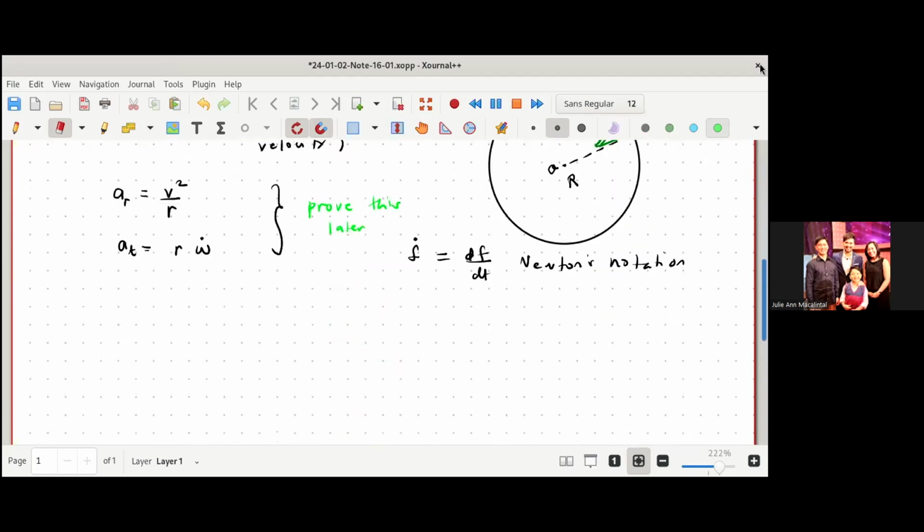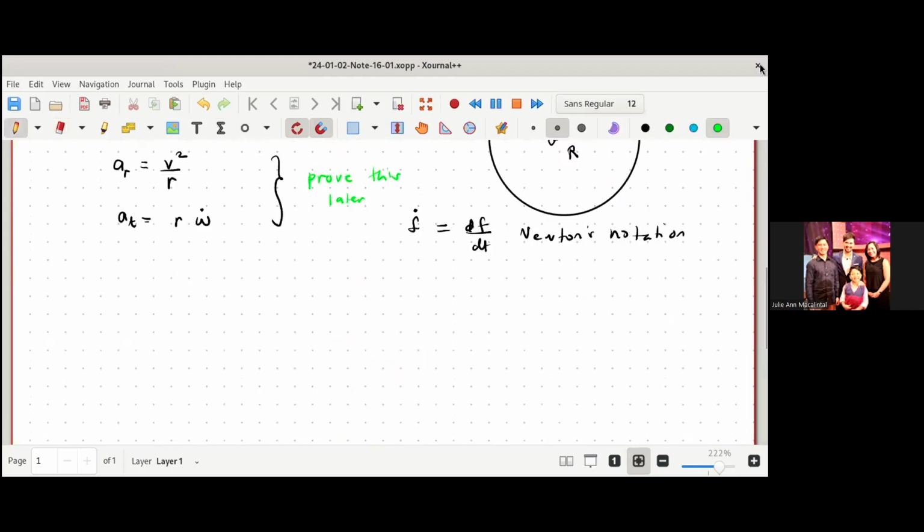Kasi, example, ano yung mga examples ng problems na non-uniform circular motion? Nag-iiba po yung lahat, parang oscillating. Yung isang example yung roller coaster loops.